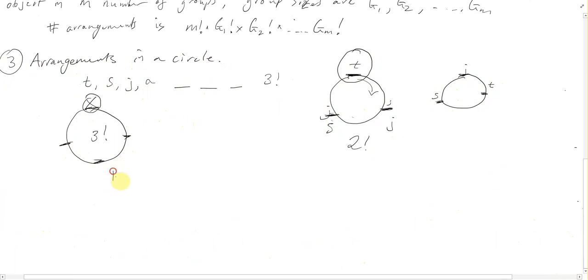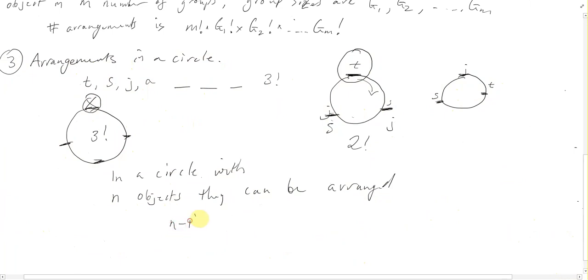So in general, in a circle, with n objects, they can be arranged n minus 1 factorial ways. Okay, so here when we had 3 people, it was 2 factorial. Here when we had 4 people, there's 3 factorial ways. So it's n minus 1, whatever you have, take away 1, factorial. That's how many ways you can arrange objects in a circle.